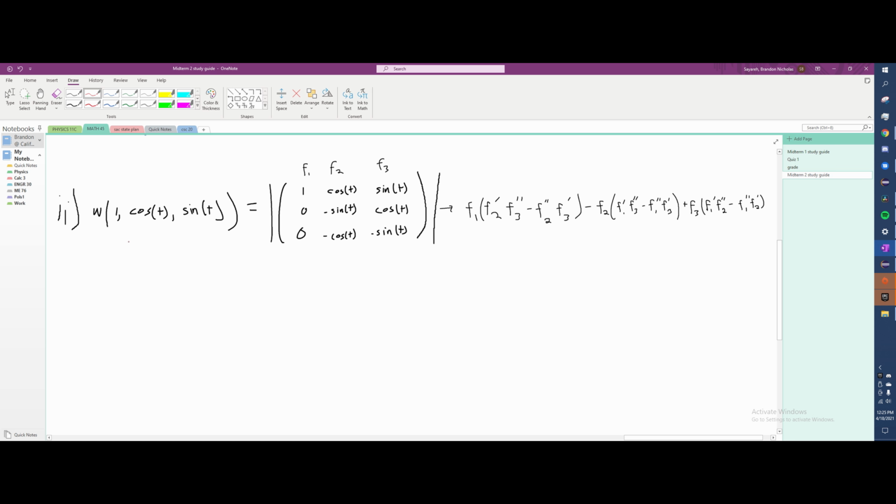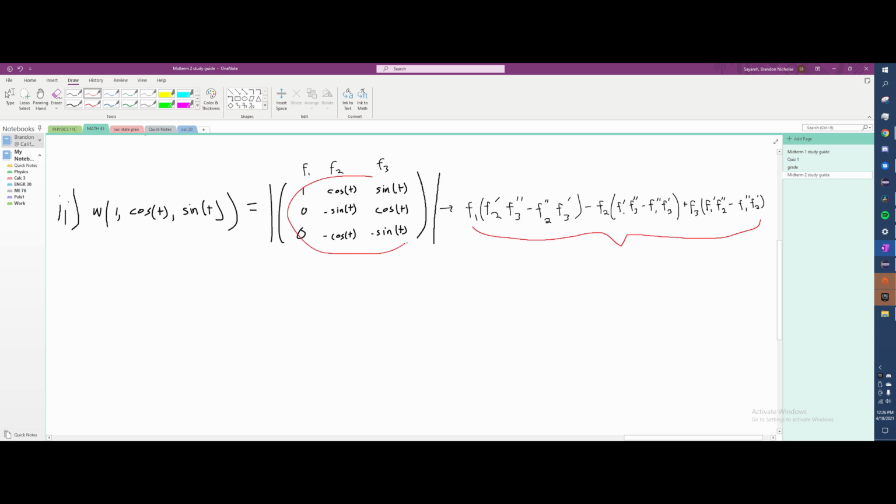Once we write out our Wronskian, this is what we get. We have to use y1, y2, and y3 in here. As you can see, we have our y1 column, y2 column, and y3 column. To solve this, we have a bigger part that we need to plug in our values for, and that is this.